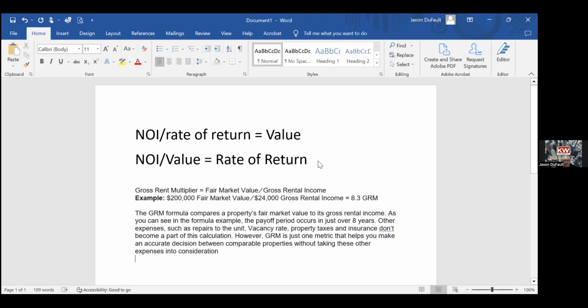So net operating income is everything after your expenses, but not subtracting the mortgage. If we were to do that, we'd have another analytic, which is cash on cash return, which is more of a straight-up comparison to the stock market and cash and return.